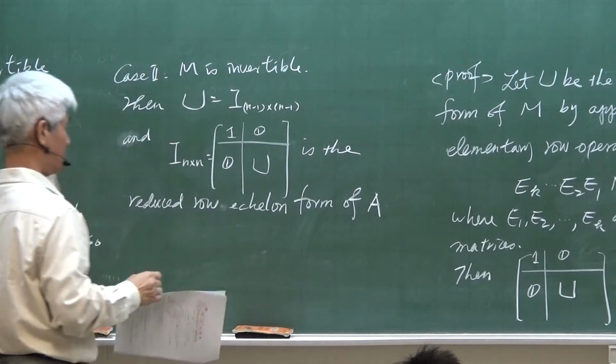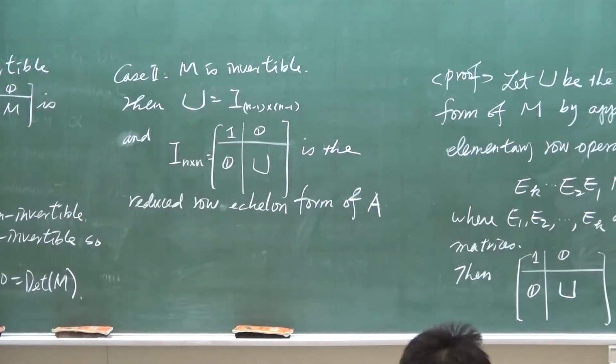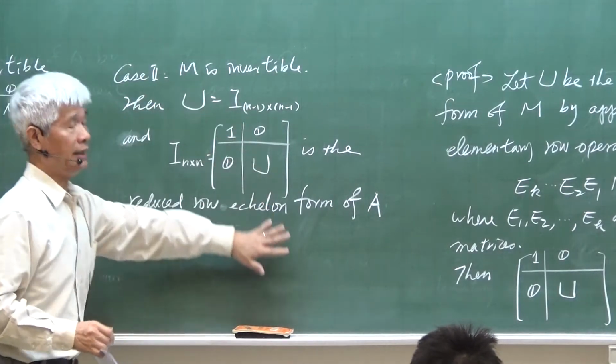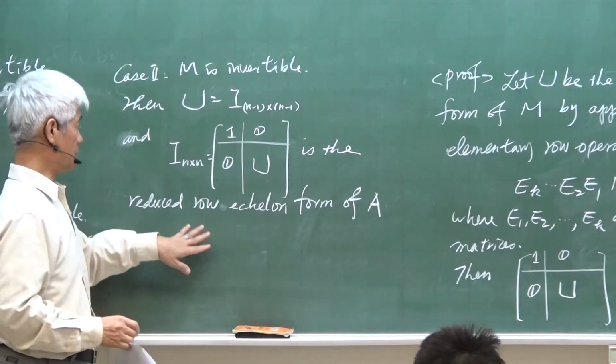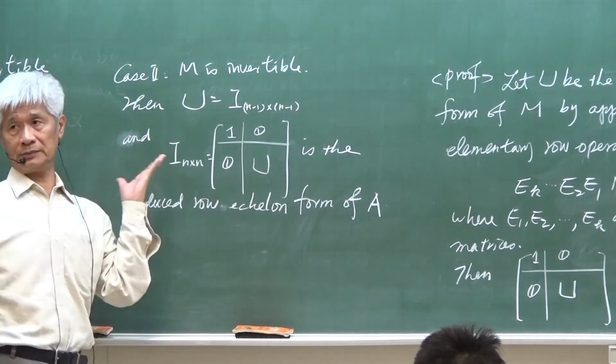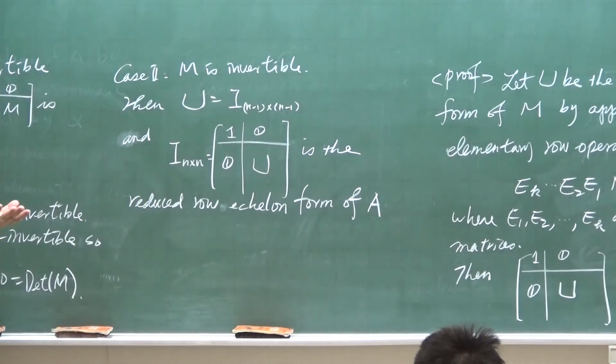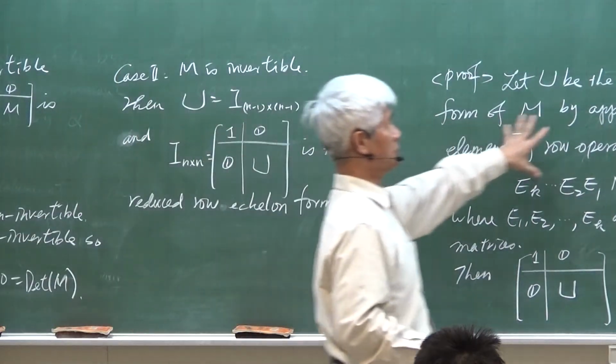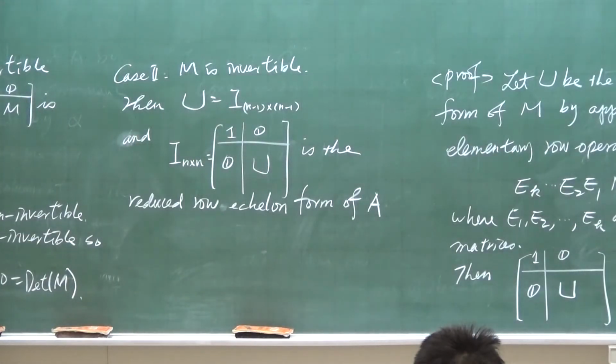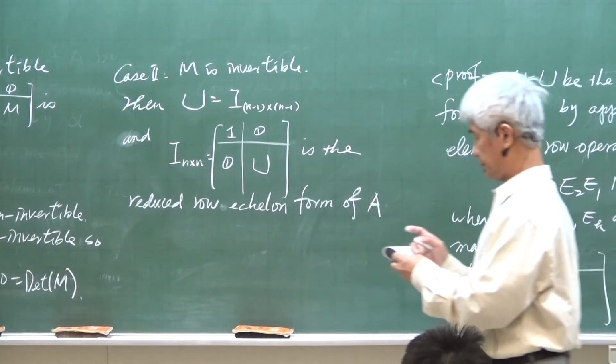This, of course, must be true. Why? Because when M is invertible, A must be invertible, so the reduced echelon form of A must be identity. We all know this fact, but we can also get this from the one again.